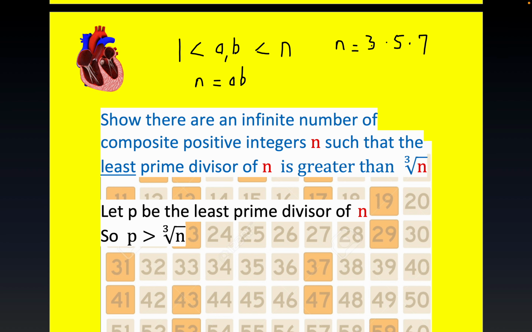So if n were to satisfy this condition, it would be saying that 3 is greater than the cube root of 105.